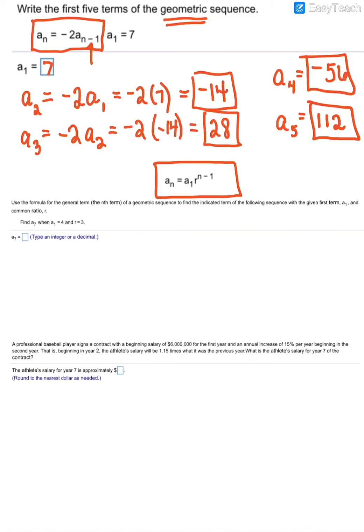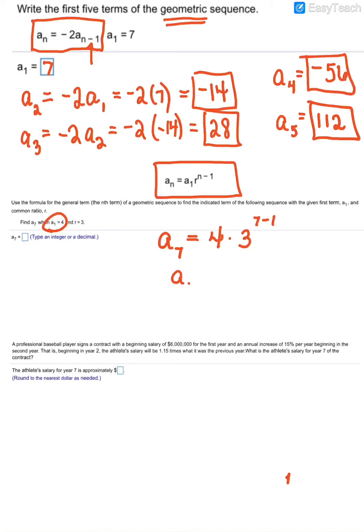In general, the nth term in a geometric sequence is found by taking the first term times whatever ratio you have to the power of n minus 1. In the second example, they're asking me to find the 7th term, and they are telling me that my first term is 4 and my common ratio is 3. So for the 7th term, I would raise the ratio to the power 7 minus 1.